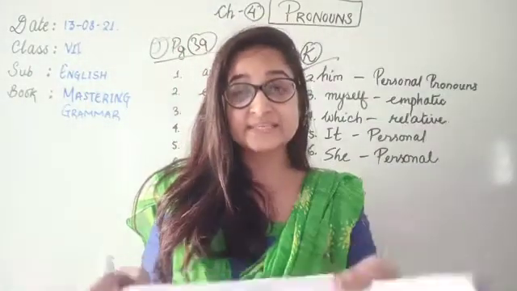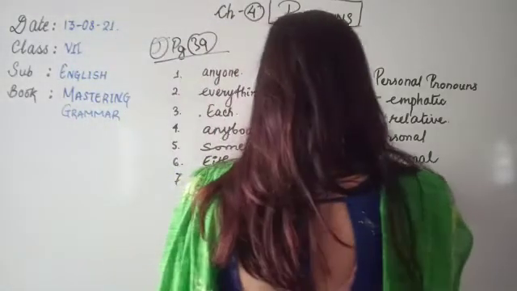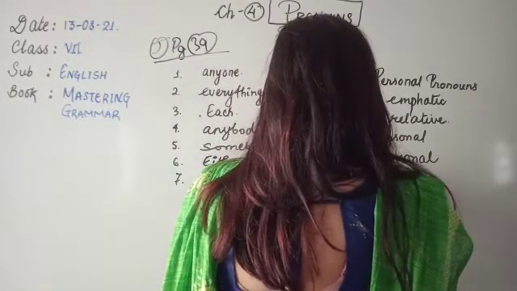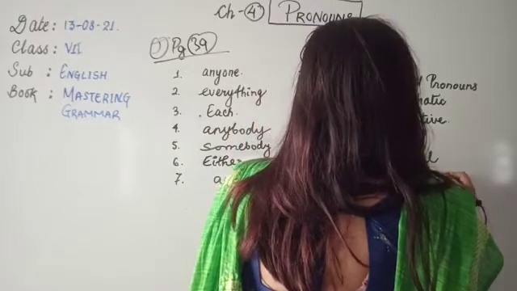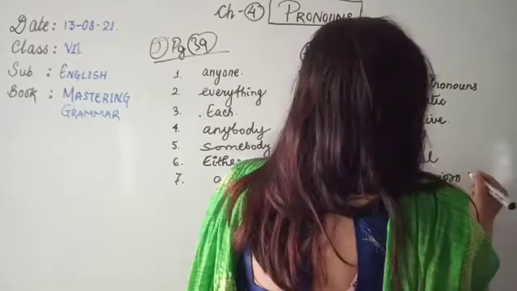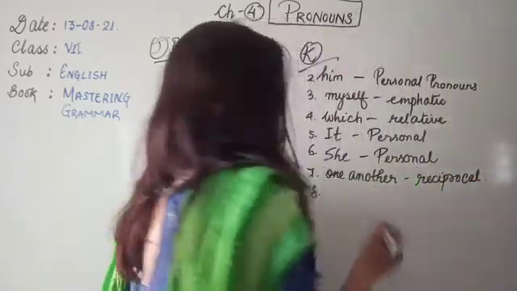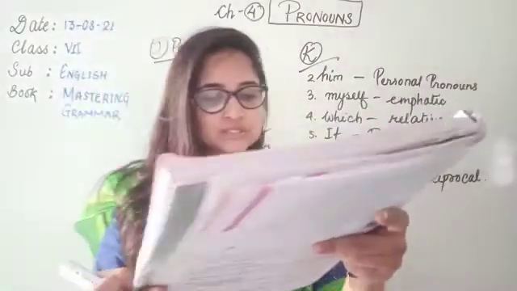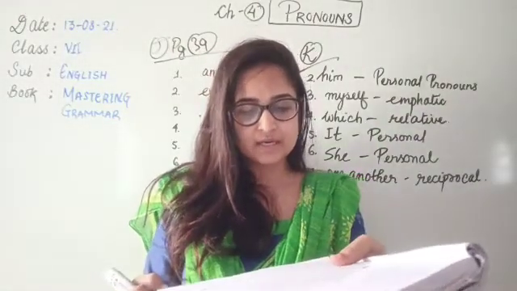Number 7, we often deceive one another. So this is going to be reciprocal. Deceive means to cheat. Reciprocal. Number 8, Suman had got gifts for dash as well as for all of us.